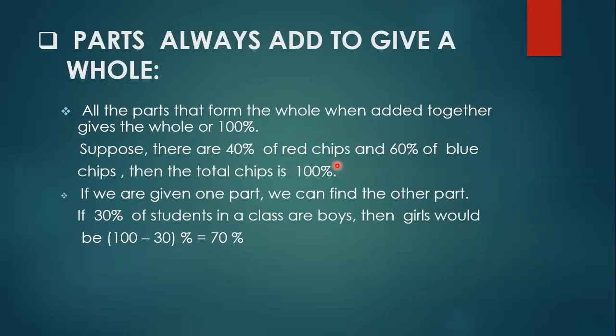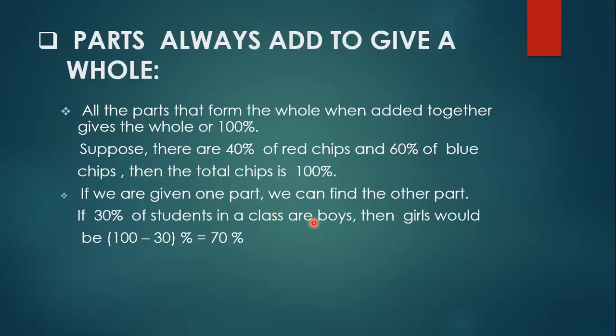And if we know one part of the whole, we can also find out the other part. For example, if 30% of students in a class are boys, then what will be the percent of girls? So total students, we can take it as 100%. From 100%, how many boys are there? 30% boys.